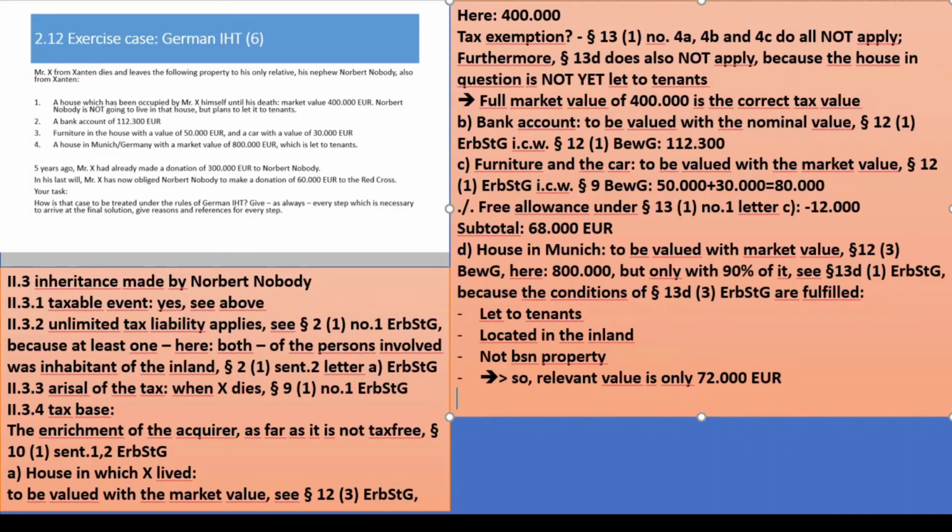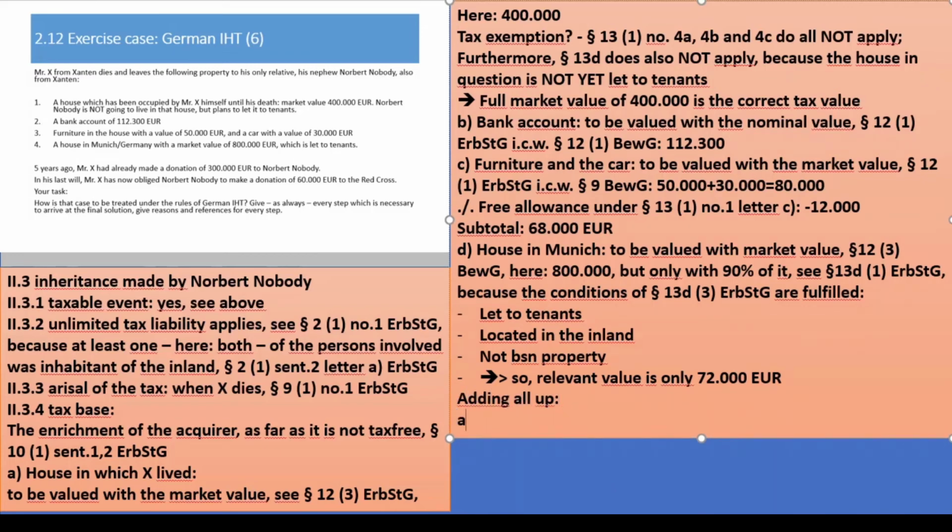Now we have to add everything up. That is, because of A, we have 400,000 plus, because of B, we have 112,300, because of C, we have 68,000.